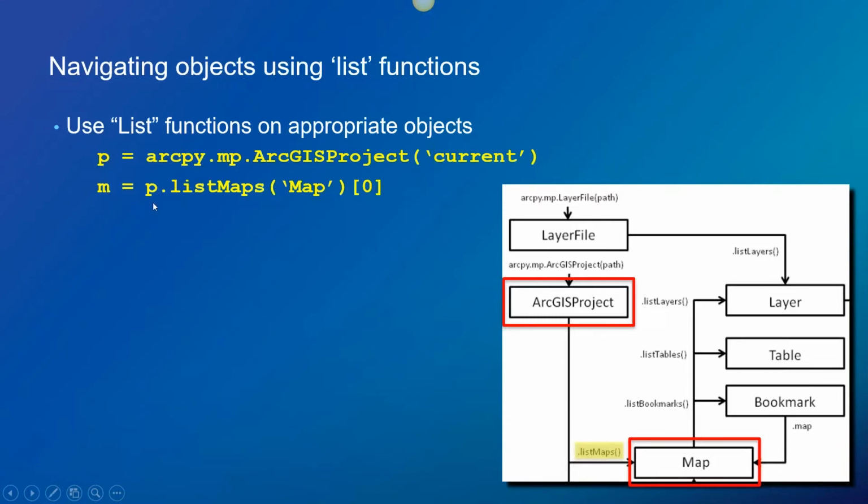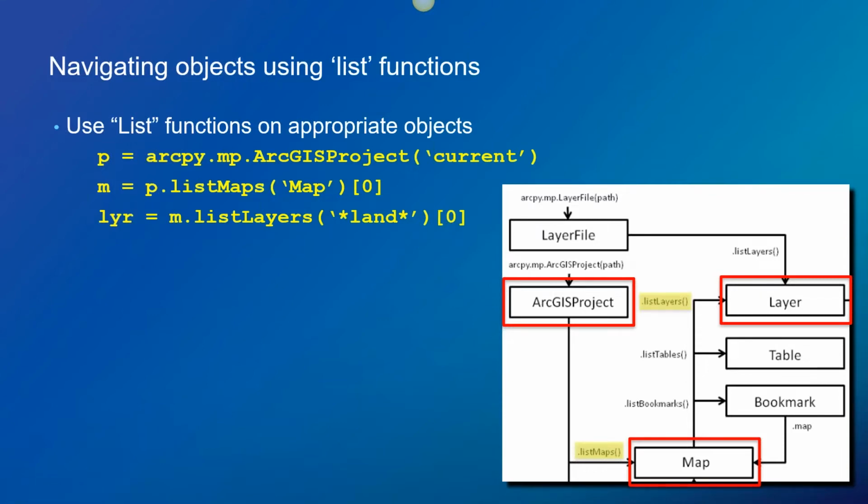Now, from our maps, we can navigate to get either bookmarks or tables or layers. And so next we're going to create a layer variable that's going to the map, and it's referencing a layer that has a wildcard search here that includes the text string land. And again, we're going to use our zero-based index to return that layer object.